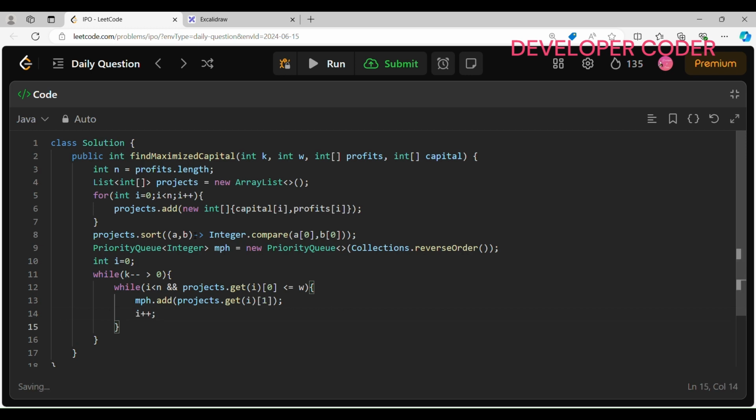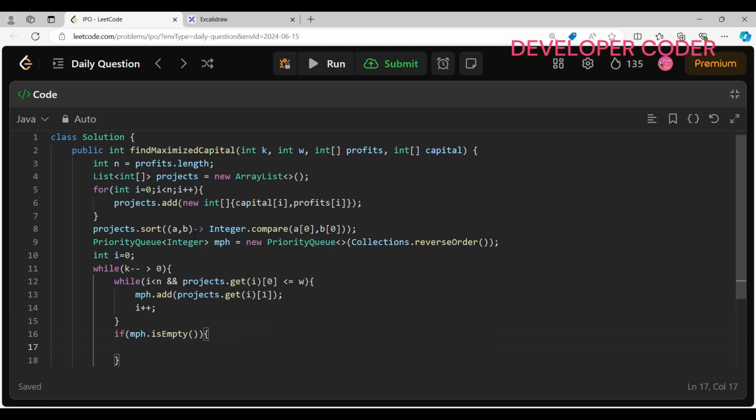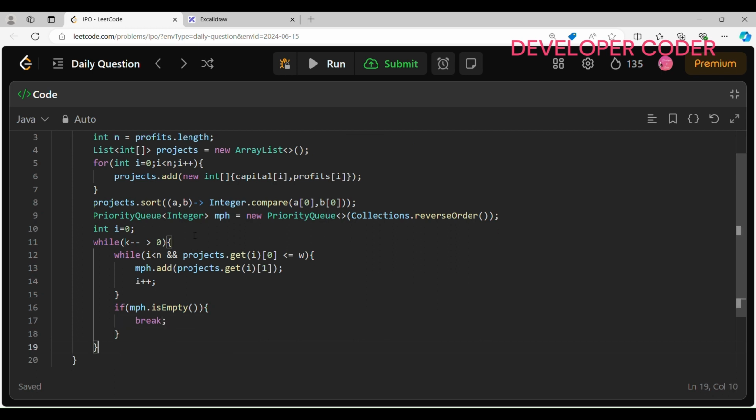If my max profit heap is empty, then in that case simply break, and otherwise just add that value to my W. W is equal to W plus max profit heap.